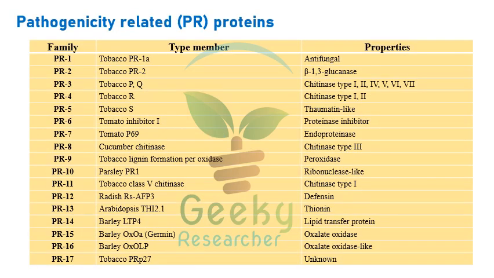So these are all the pathogenesis related proteins. There are 17 families of pathogenesis related proteins identified so far, PR1, 2, 3, 4 and on until 17.